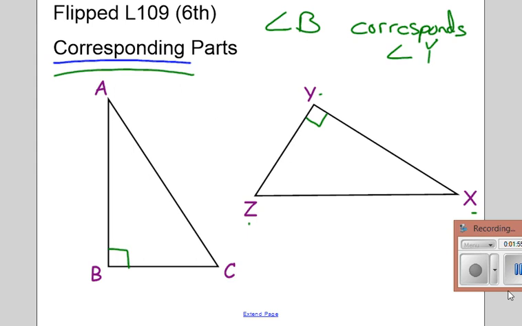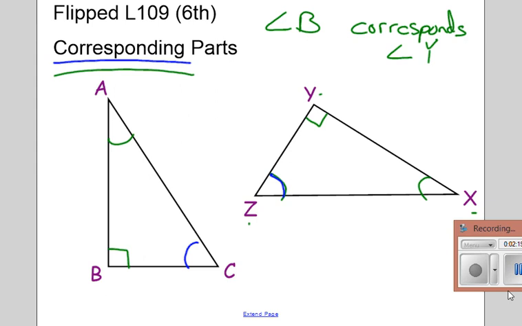Then another thing we would look at is, if those are the same, what are the other relationships? We would see that angle X must be the same as this angle. Just like angle C, let me change colors just to make it a little clearer, Z corresponds with C. And that's because they are congruent.